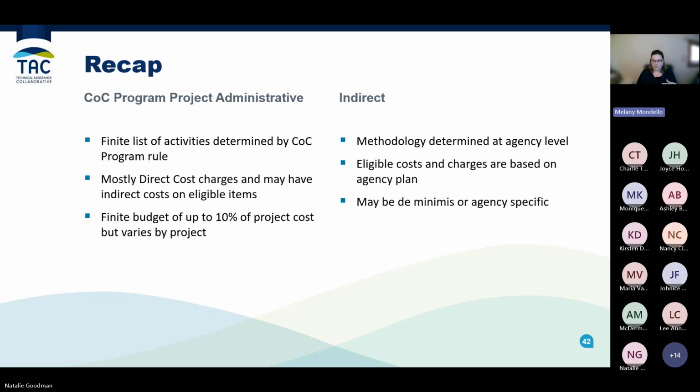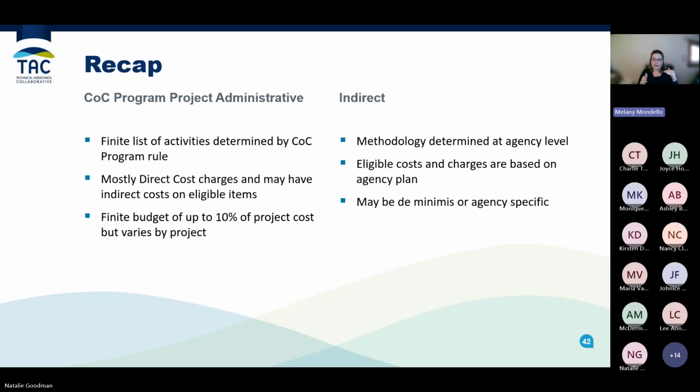Before I open it up to questions and go over resources, I might have implied this, but I want to say it more specifically. For project administrative costs, like I talked about, it's a lot of salaries in there. I might have $5,000 of direct charges to project administrative. I am being supported by the agency, so that could have indirect on top of it. So it could be my $5,000 of direct things that I can tie to my payroll.